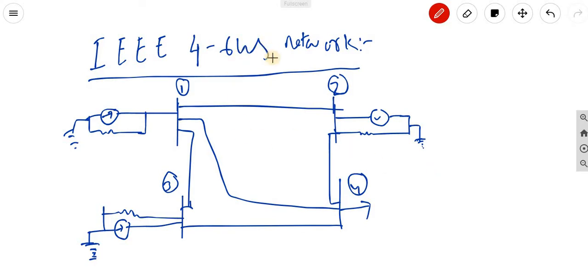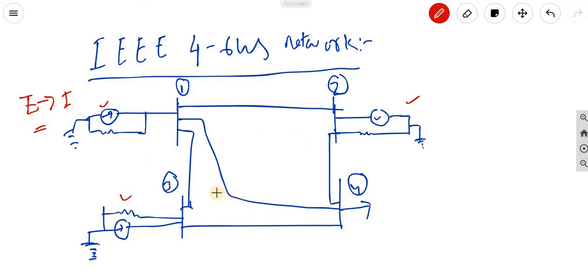This is an IEEE 4-bus network, in which 3 are generator buses, 1 generator. We have converted the voltage source into a current source.